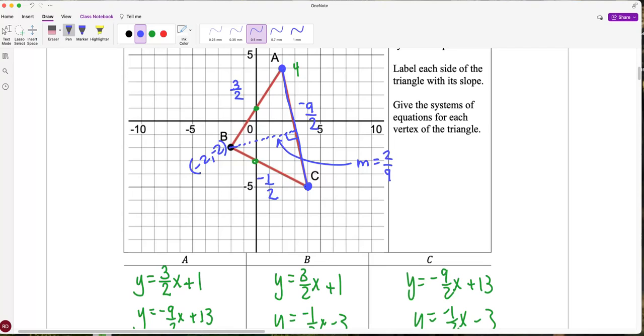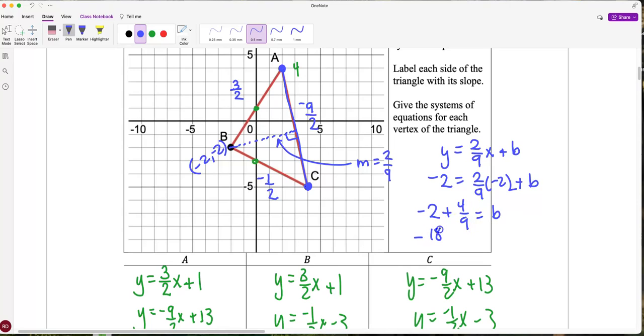So then I can figure out the equation of that line. y equals 2/9 x plus b. Negative 2 equals 2/9 times negative 2 plus b. That's negative 4/9. So negative 2 plus 4/9 equals b.